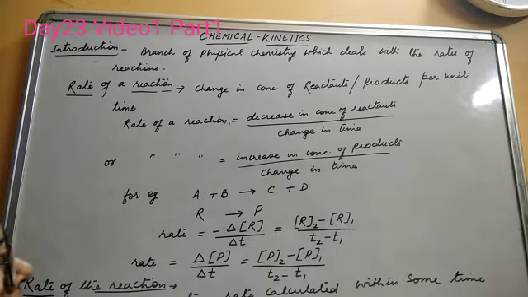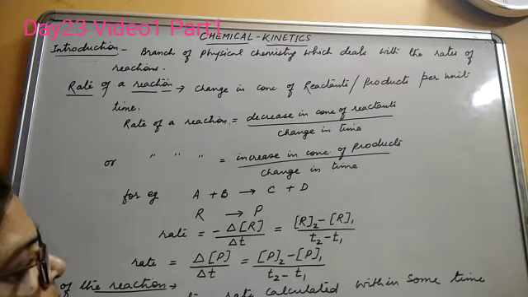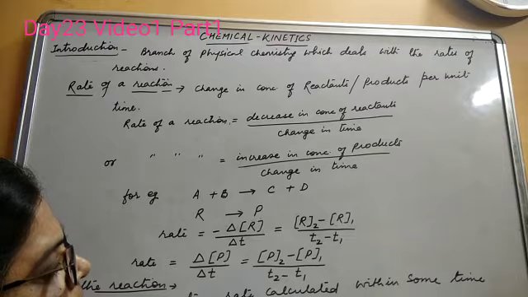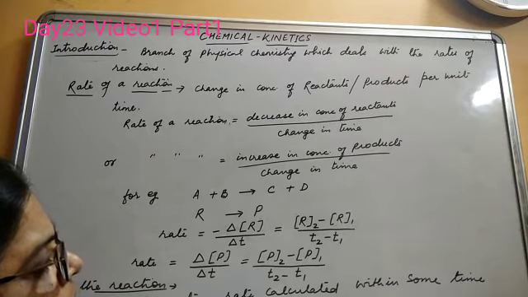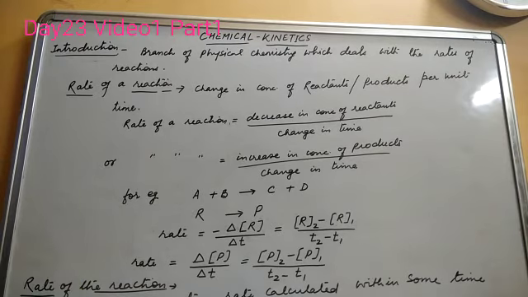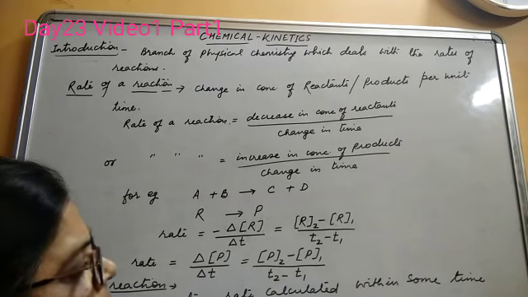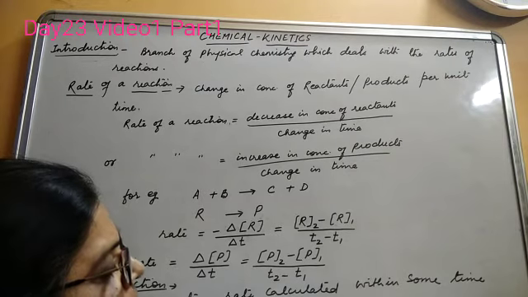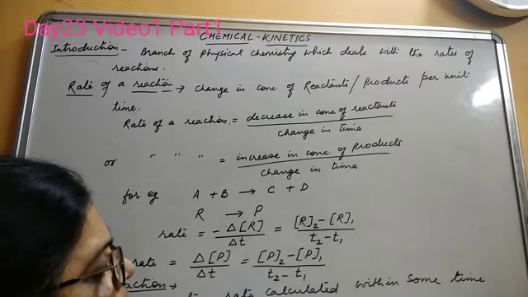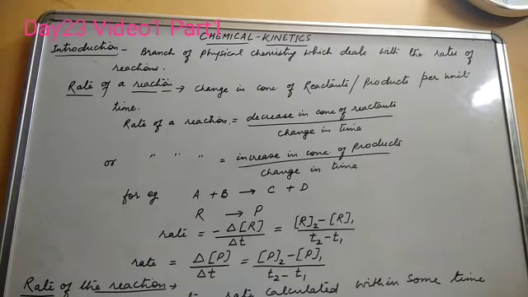We can write this as rate subscript av equal to minus delta R by delta t, or plus delta P by delta t. A bigger change is shown by delta. This is the average rate of the reaction within a specified time interval.